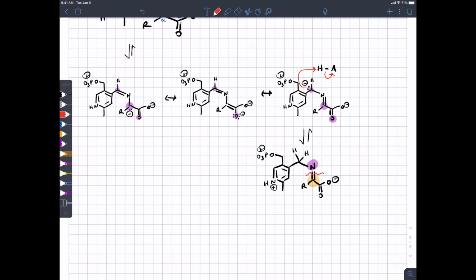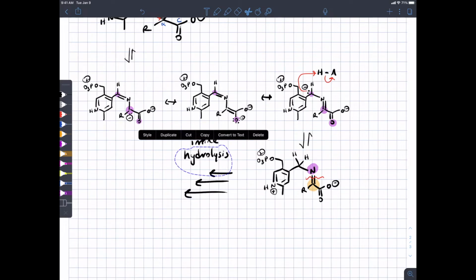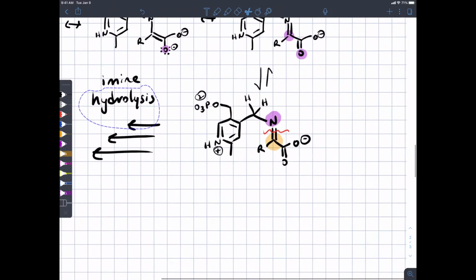So now we're going to do imine hydrolysis. And again, I don't think we've necessarily walked through imine hydrolysis completely, but I'm not going to show you every step because they're just the reverse steps of what imine formation is.